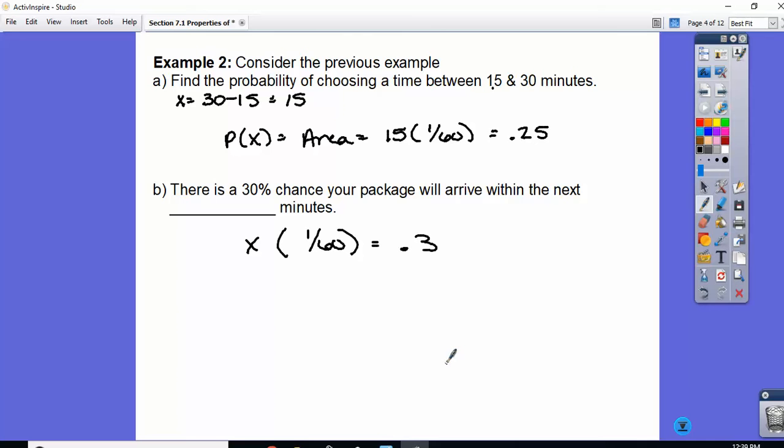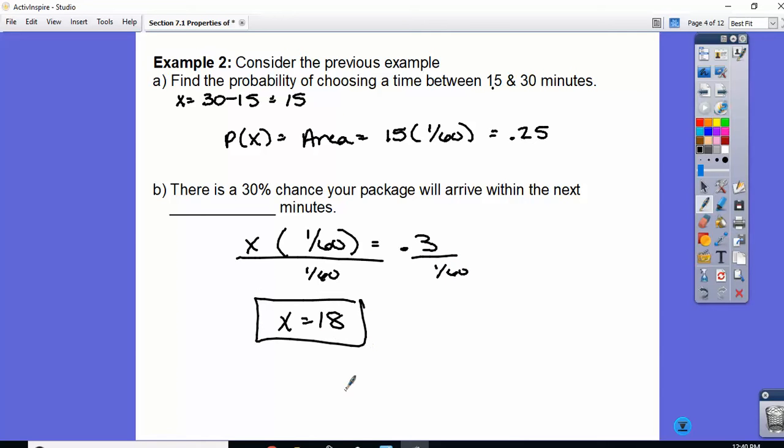So you got the 1/60th, and you said it equals 0.3. So you divide by 1/60th, or multiply by 60, which equals 18. So there is a 30% chance that you will get your package in the next 18 minutes.